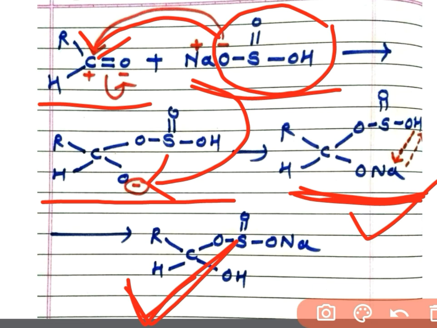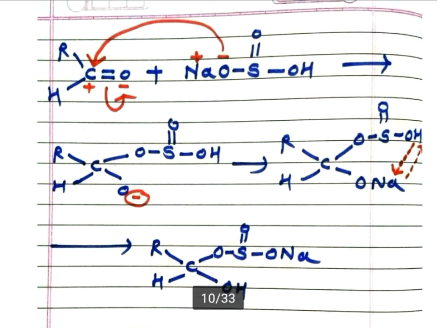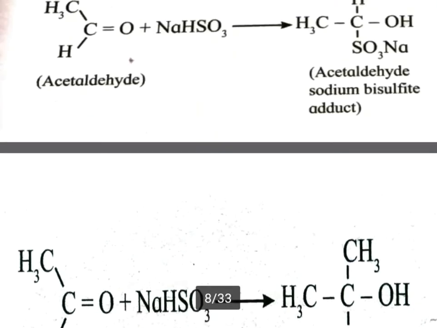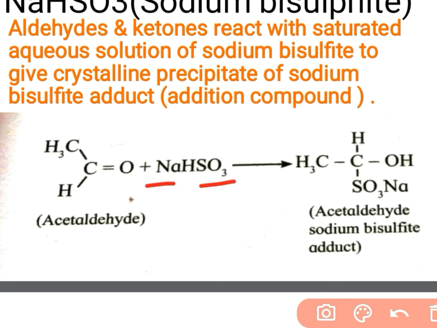Okay, so what is the short trick for this type of addition? See here, this is the mechanism. Consider SO3Na, meaning this species, this Na and this SO3, as a nucleophile or negatively charged species, and H as the positively charged species.